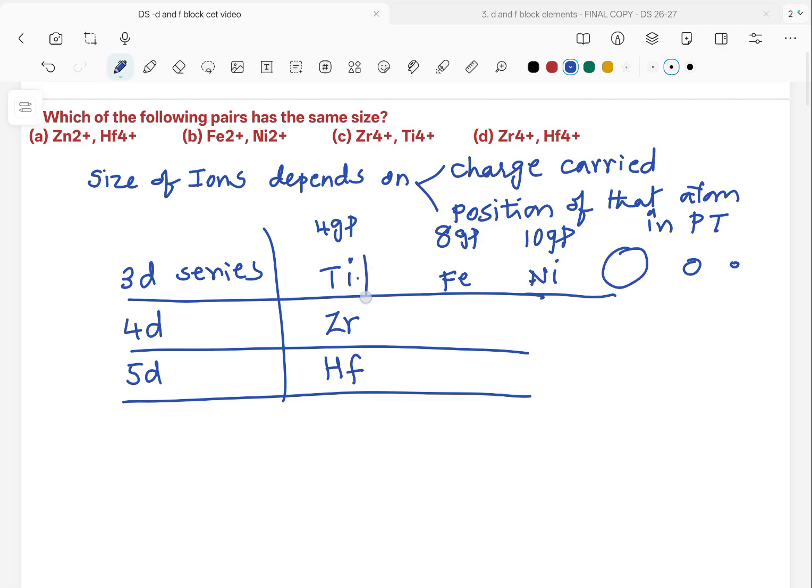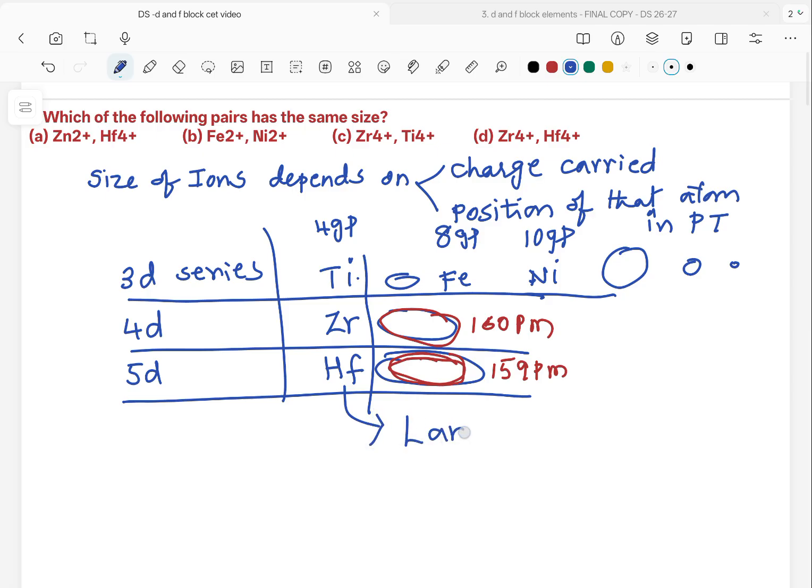When we bother about down the group, the atomic size has to increase. But here, zirconium and hafnium both will have almost same size, where zirconium will show 160 picometer, whereas hafnium will show 159 picometer. That is due to lanthanoid contraction experienced by 5D series elements.